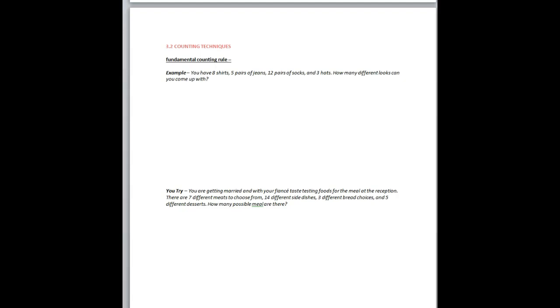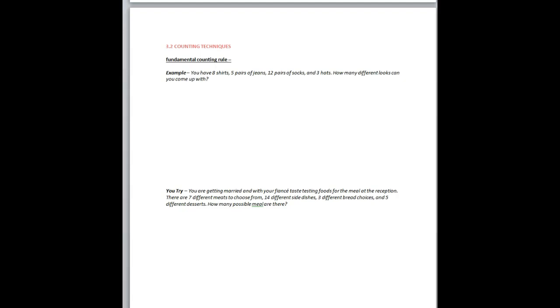Okay, so we'll just go ahead and do an example. This is a very simple concept, I think, that you guys should be able to understand relatively easily here. So the example says you have 8 shirts, 5 pairs of jeans, 12 pairs of socks, and 3 hats. How many different looks can you come up with?